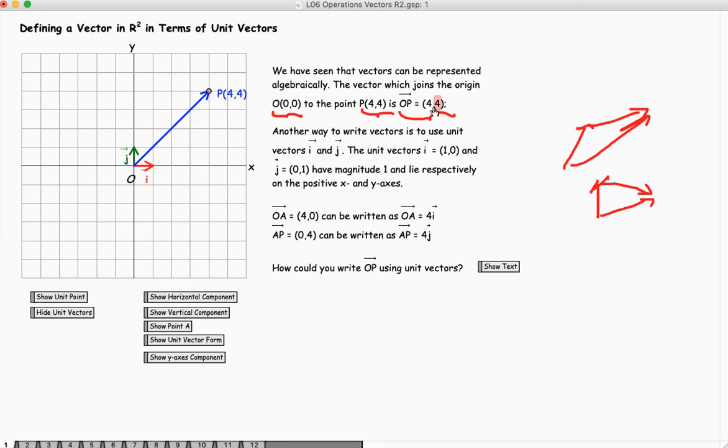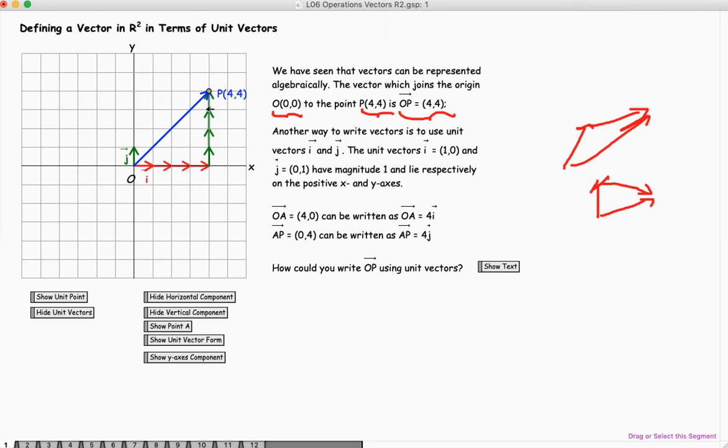So instead of writing this as 4, 4, what I can show you is that the horizontal component is 4i and the vertical component is 4j. So I'm adding this vector right here, which is 4i, to this vector, which is 4j.